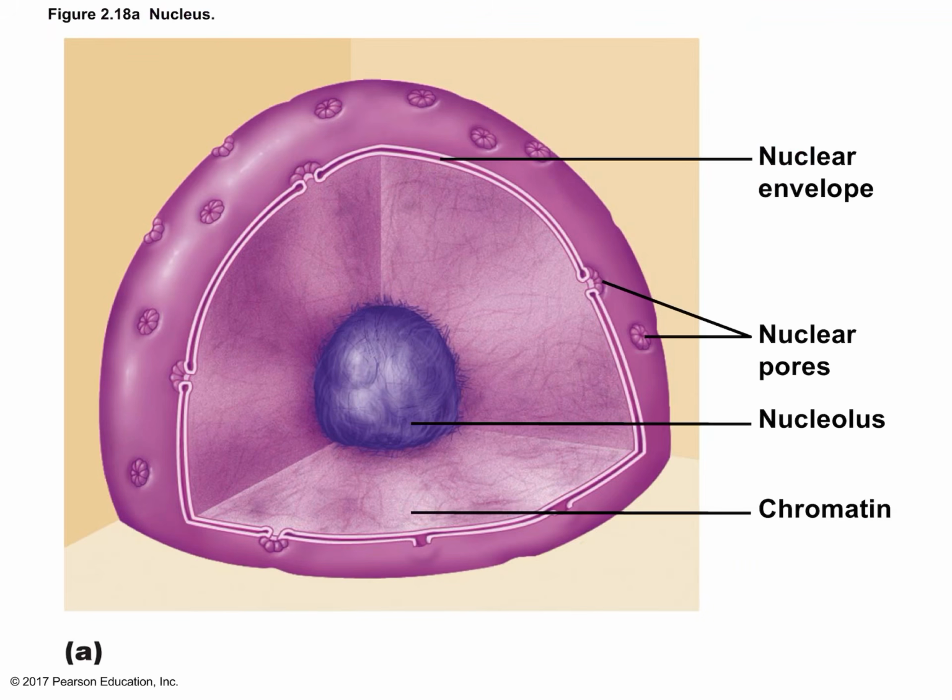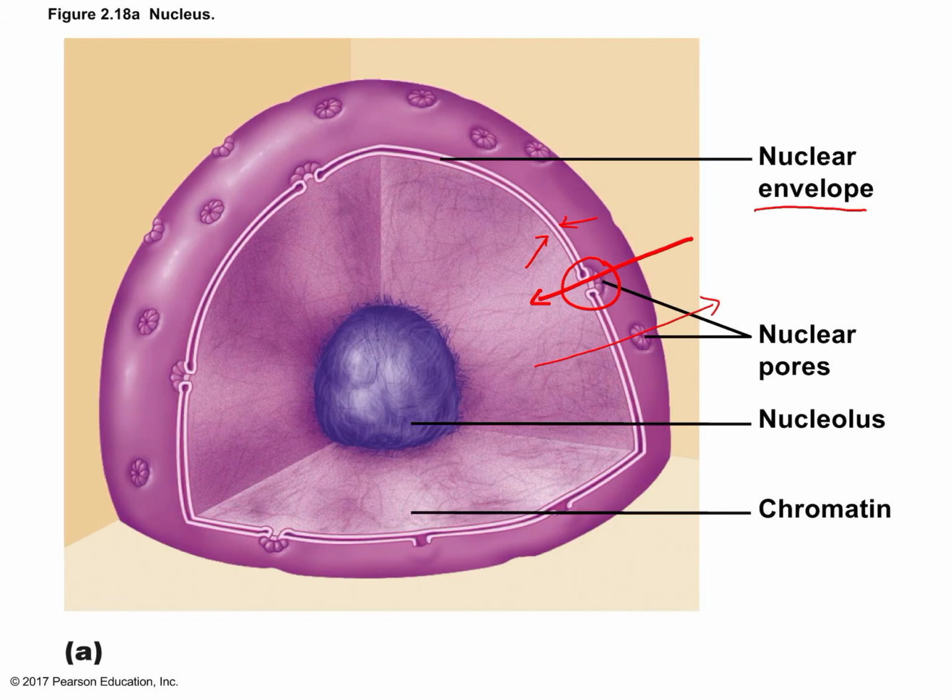Okay, let's move on to our nucleus. So remembering that the nuclear envelope is a double membrane, so we can see the two layers here. The two layers will come together to form pores. Those nuclear pores will allow the transport of substances into the nucleus for gene expression.